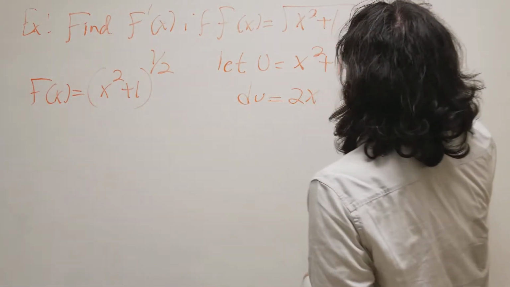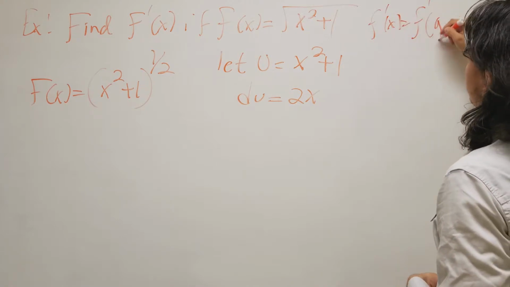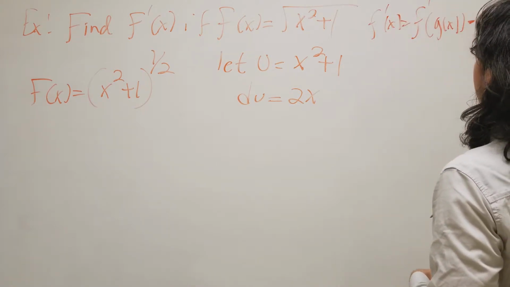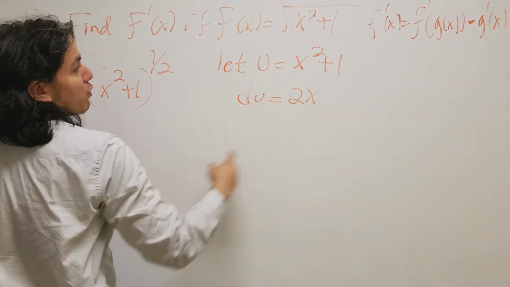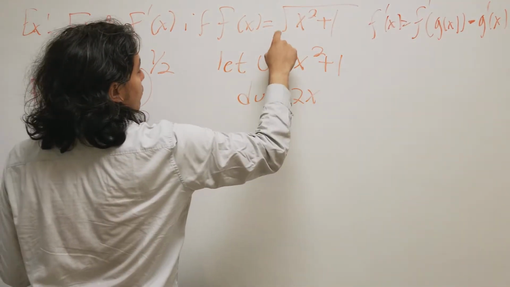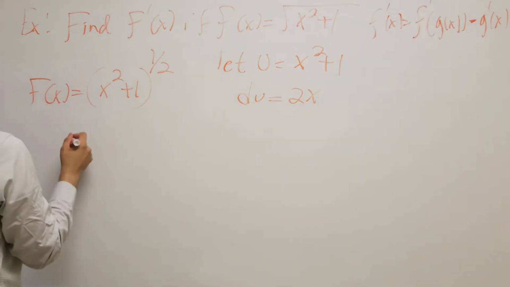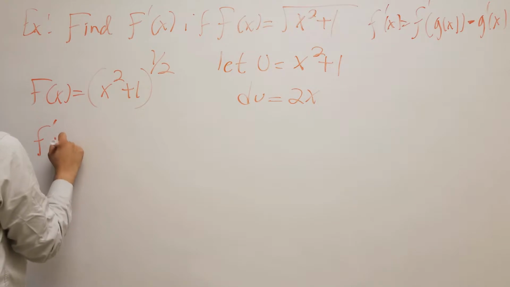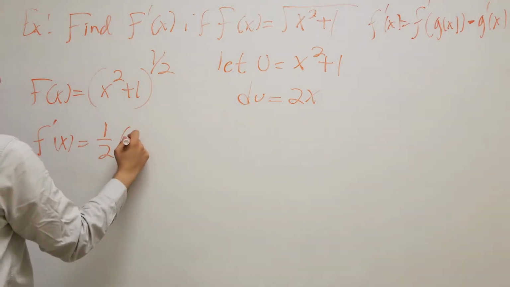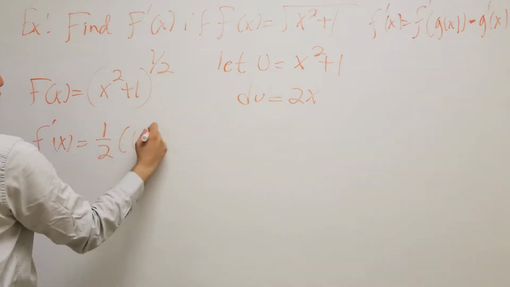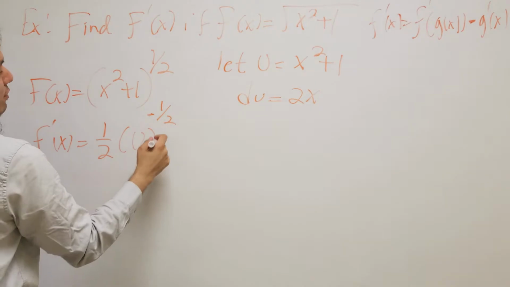Remember, the chain rule: F prime of x is f prime of g of x times g prime of x. I'm already setting up for g prime of x, because for the outer function, if you remember the power rule, you bring the 1/2 power in front, and we let u equal this. So it's u, I subtract 1, so it becomes negative 1/2.